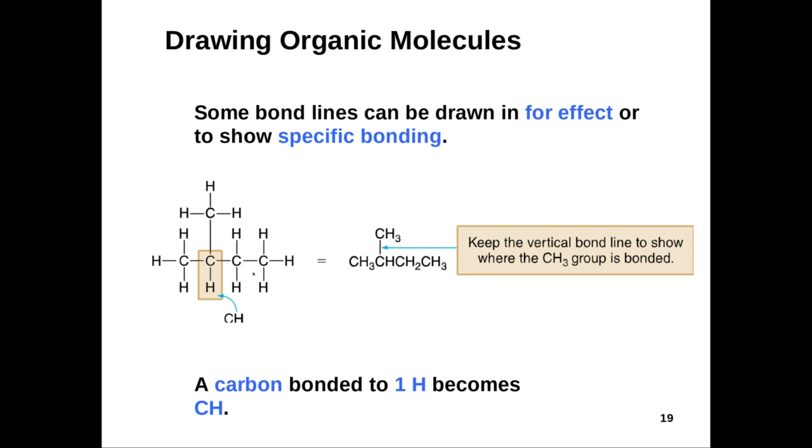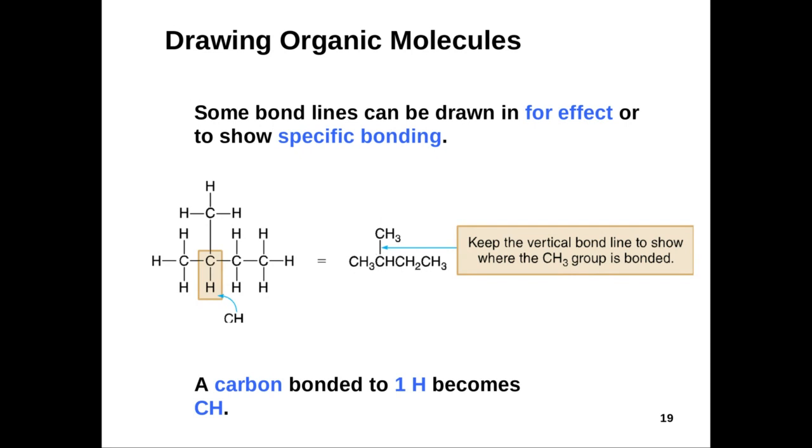We wouldn't write CH3, CH, CH3, because that would suggest a linear structure. So we denote that there's a branch coming off by having this vertical line. This and this are functionally equivalent, and this little vertical bond denotes that this methyl group, the CH3, comes off this specific carbon.